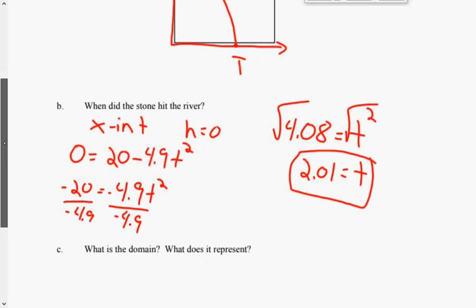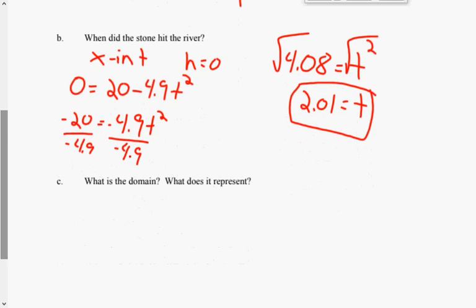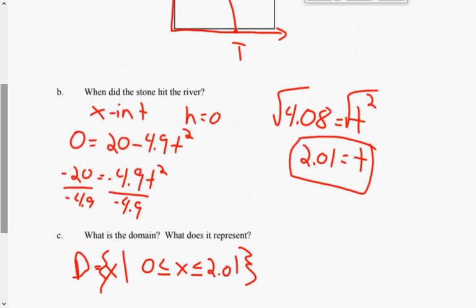So my graph starts at 0 and ends at 2.01, right. So I would say my domain equals x, such that it starts at 0 and x is less than or equal to 2.01. It's in between these values. We've done it before in the past. All right.